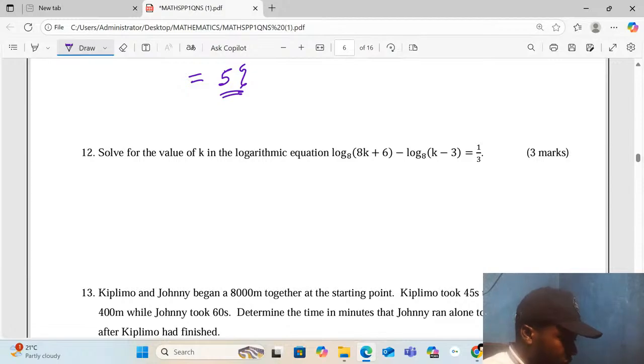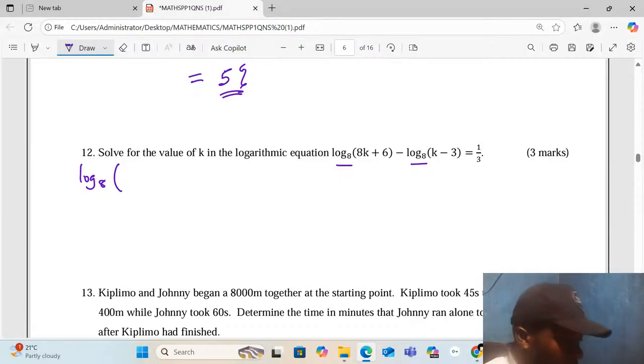Now we have to find the value of k, which we don't know. What we are supposed to look at now, we start by log 8. It is subtraction, so that means it's division.